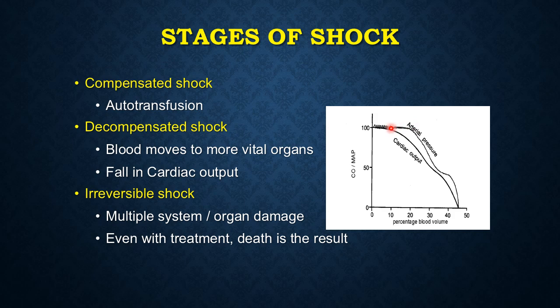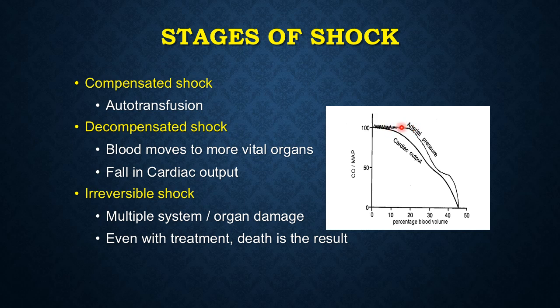However, the blood pressure is still maintained, but you will notice a rising pulse rate and a falling urinary output. So this stage between 10 to 20, 22, 23%, is the stage where the patient is now decompensating. The body's homeostatic mechanisms are no longer able to maintain homeostasis.